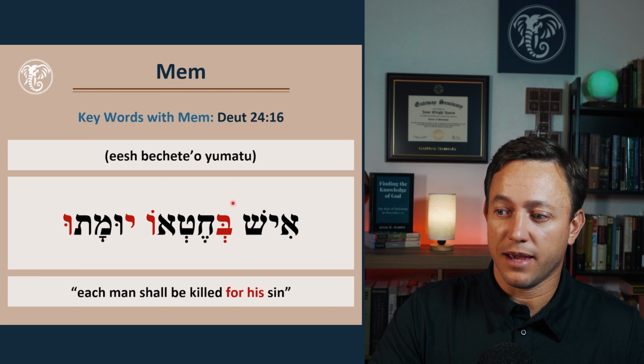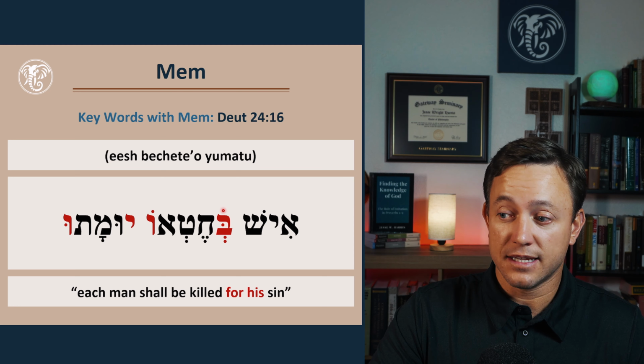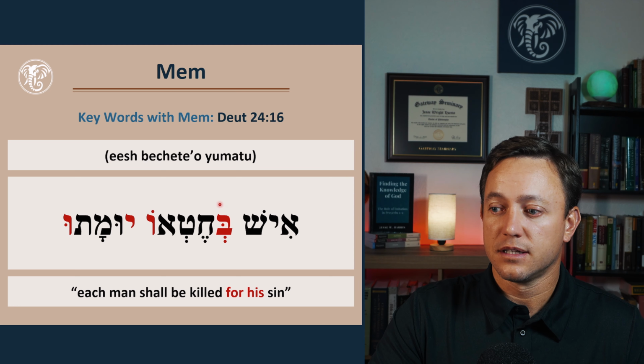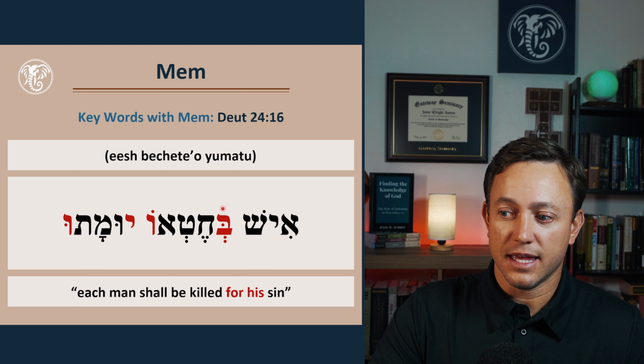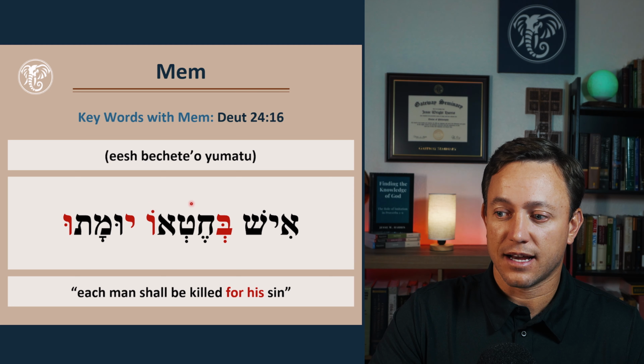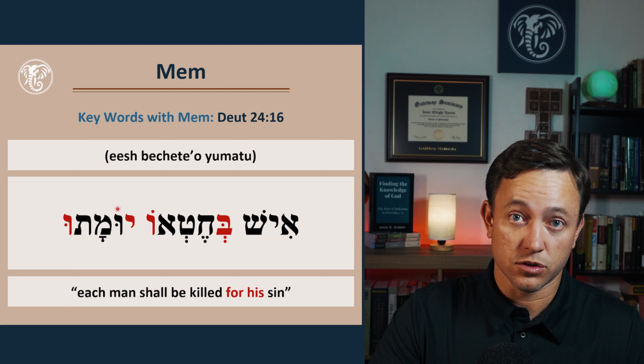So each man, be, a preposition: in, with, by, maybe for, or because of, right? So each man in or with his sin, chata, his own sin, we might even say, yumatu, he shall be put to death or killed.